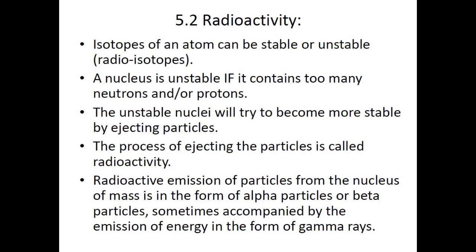Radioactive emission of particles from the nucleus of an atom is in the form of either alpha particles or beta particles. These two can sometimes be accompanied by emission of energy as well, which is known as gamma rays or gamma radiation.